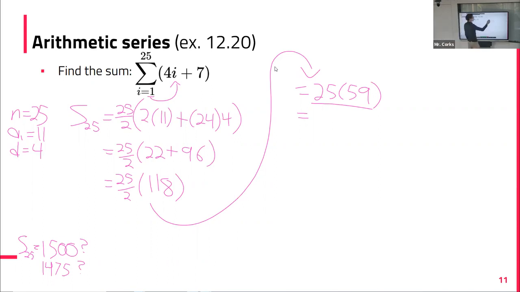If I were doing this in my head, I would just think of this as 25 times 60 minus 25 multiplied by 1. Because 59, that's 60 minus 1. So, okay, so here's the 1,500, and then just the minus 1 here, 1,475.